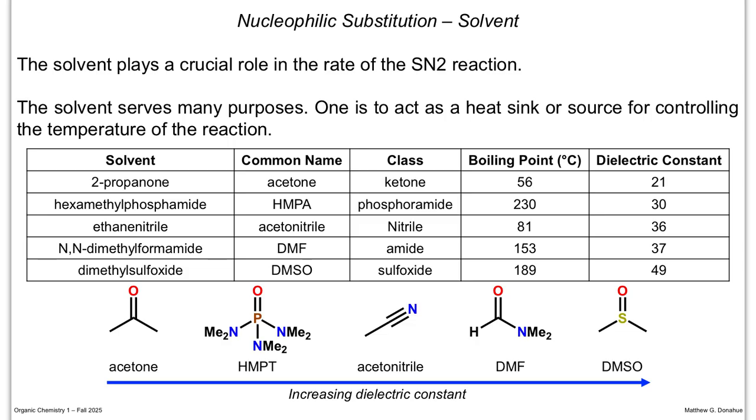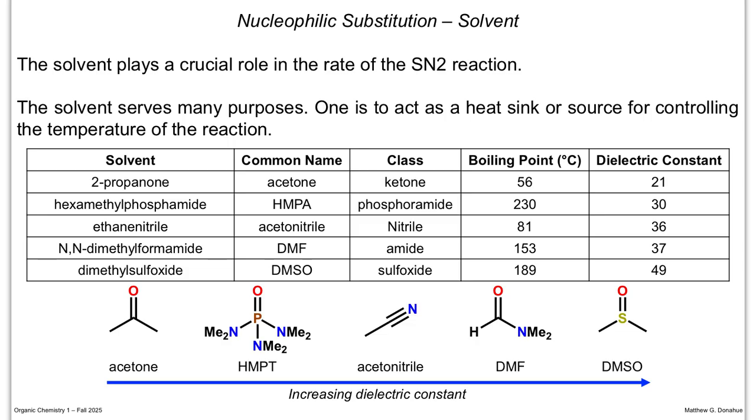If that heat is not enough to drive it over that rate limiting step, we have to apply external heat, and the solvent helps take that heat and increase the number of productive collisions for the reaction to occur. So that's a variable that helps manage the sort of chemical engineering aspects of these reactions.